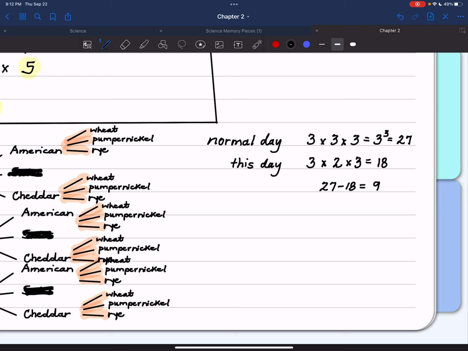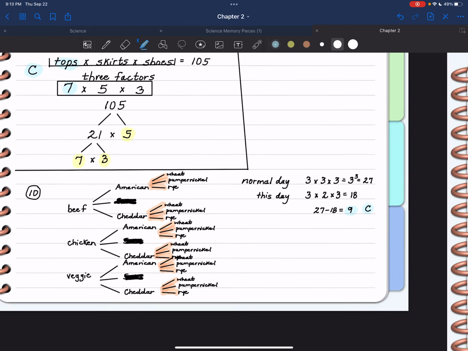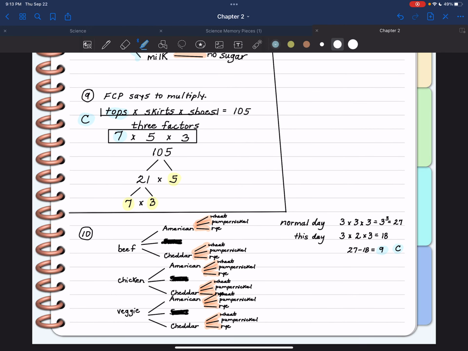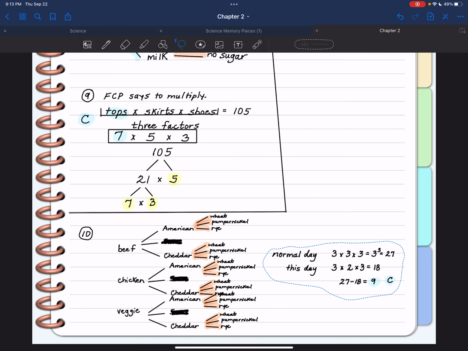The question is, how many sandwich choices does that eliminate, not having any Swiss? So I like C as in Charlie. You could absolutely do it with a tree diagram if you are so inclined. But I would much rather do it with the fundamental counting principle. It's going to be a lot easier on my eyes.